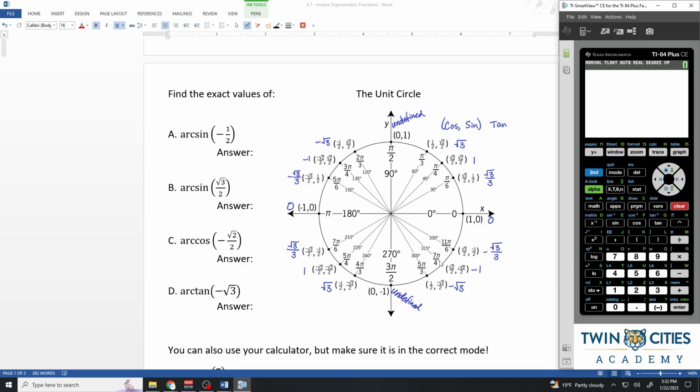This would be -pi/4. This would be -pi/3. This would be -pi/2. An easy way to remember this is find, for example, +pi/3. That's up here. Well, now flip it over the x-axis, that'd be down here. 5 pi/3 is the same as -pi/3.